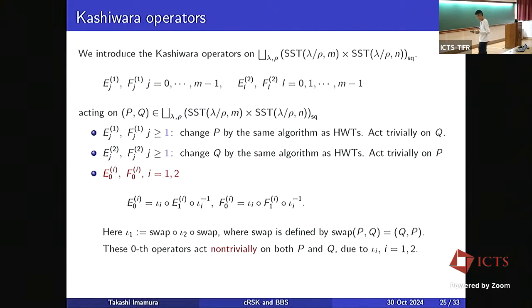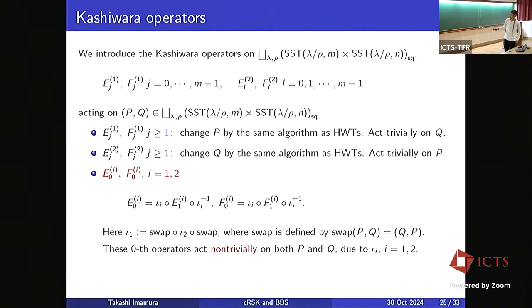By using this, we consider the leading map of the pair of skew tableaux P, Q. In order to do this, we first introduce the Kashiwara operators acting on the squeezed pair. We introduce these operators like this, acting on the squeezed pair.